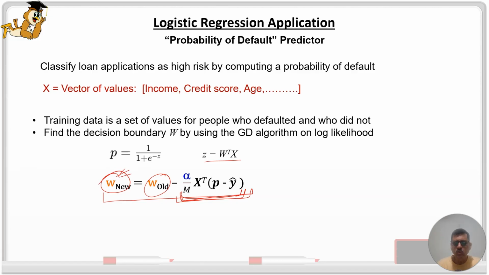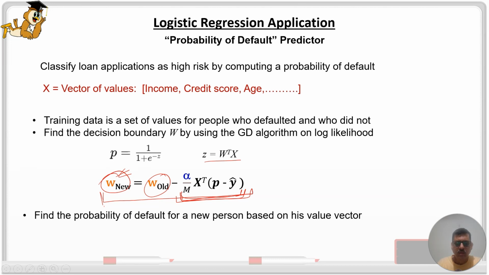You keep finding new weights till the time that your objective function no longer reduces. So you reach the global maximum or minimum depending upon whether you have put the minus sign or not. Now what happens when you finally reach the optimal W? How are you going to use your logistic regression model?